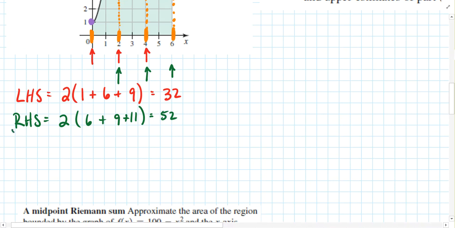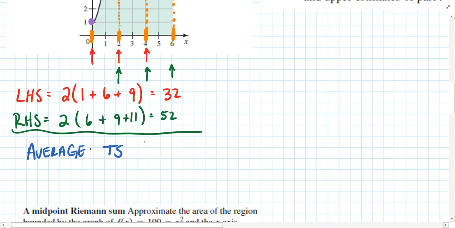And if you recall from class, when we take the average, this is what's known as a trapezoid sum, TS, THS, I forget what we called it in class, but the trapezoid sum would be the average of the two, 52 plus 32 divided by 2, which is 42 square units.